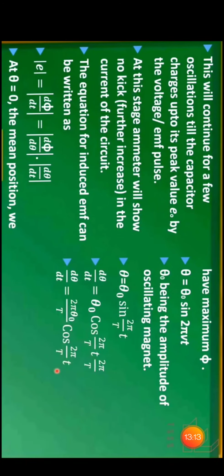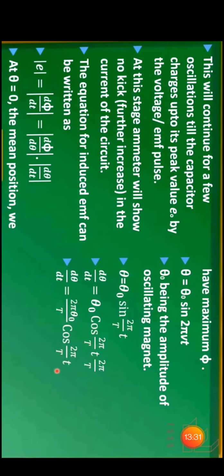Now the frequency ν is equal to 1 upon the time period, that is T. Therefore, θ is equal to θ0 sine 2π upon T into small t.